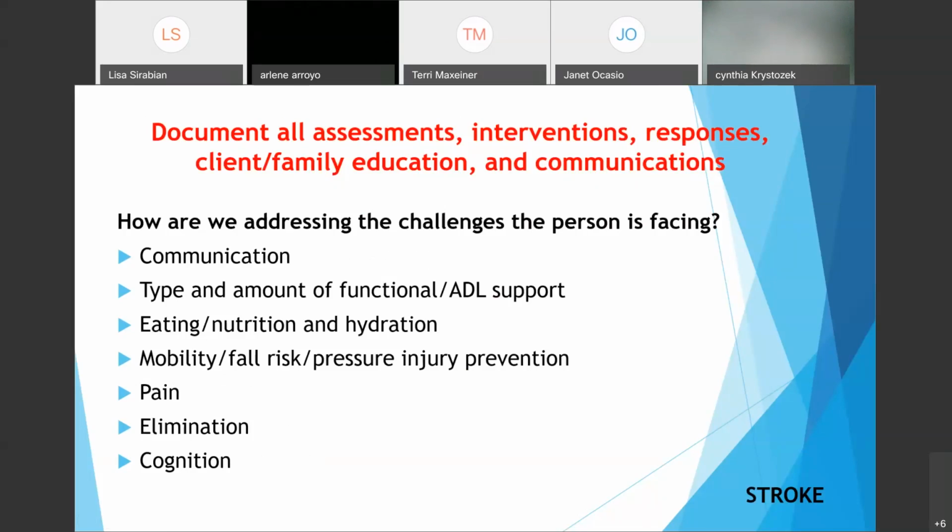So challenges with communication, the type and amount of functional and ADL support, the eating, nutrition, hydration. What challenges do they have? How are we compensating? What about mobility, fall risk, pressure injury prevention, pain elimination, and cognition? So all of those things are a part of our documentation.